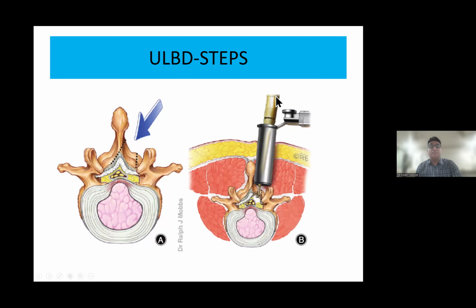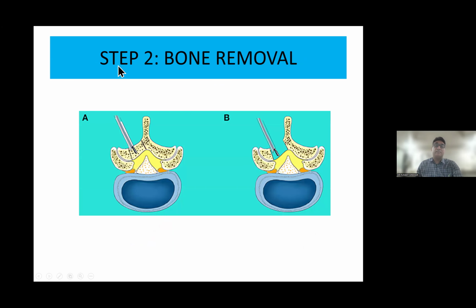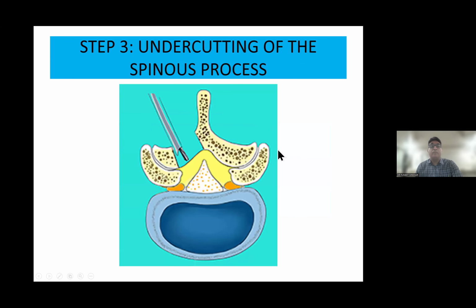So the various steps: the first step is to lock the tube with the serial dilators and attach it to the flexi arm. The second step is to use a high-speed burr to do the bone removal, that's an ipsilateral laminotomy as well as burring under the base of the spinous process to the contralateral lamina so that the ligamentum flavum is visible on both sides. The third step is to undercut the base of the spinous process.